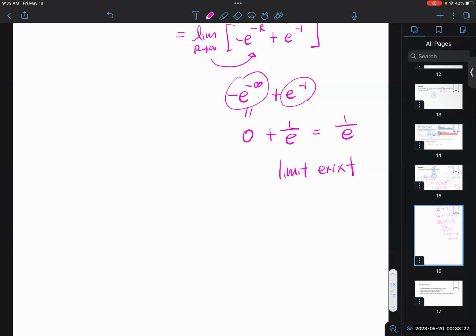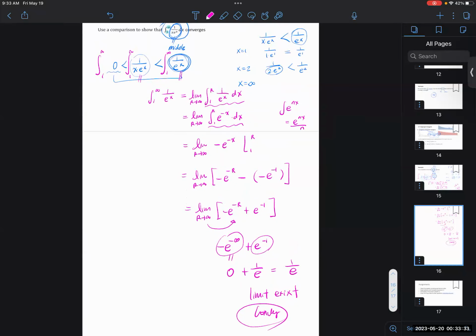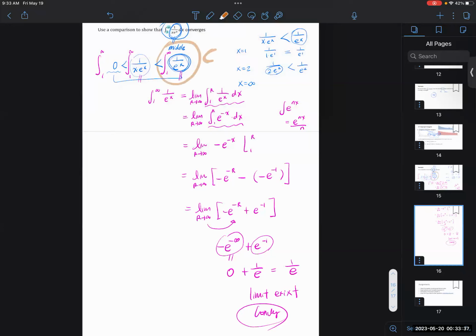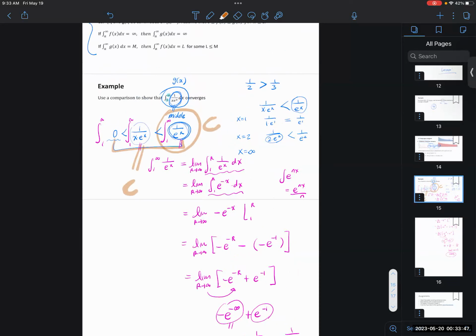So what happened? This is a convergence. Therefore, we proved that since this is going to converge, the middle sandwich is also going to converge, because the relationship is true, because of that order. That's the sandwich theorem.